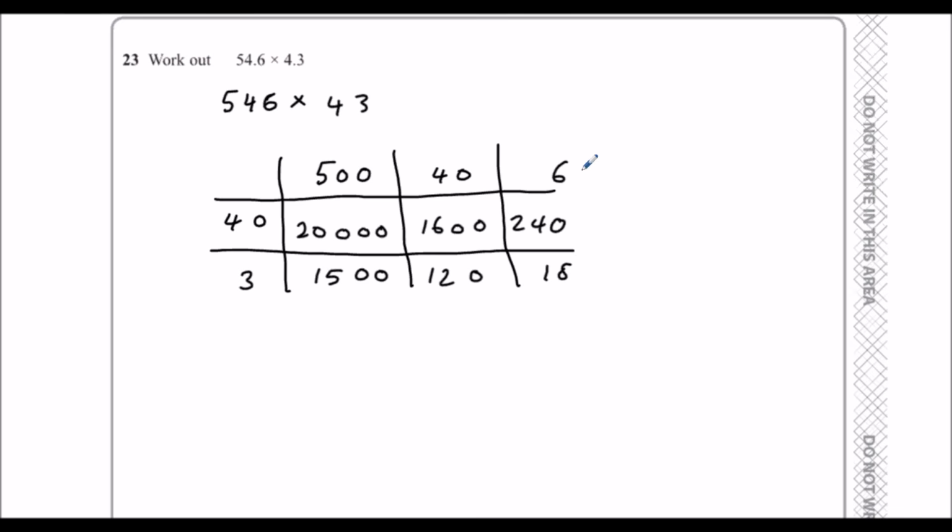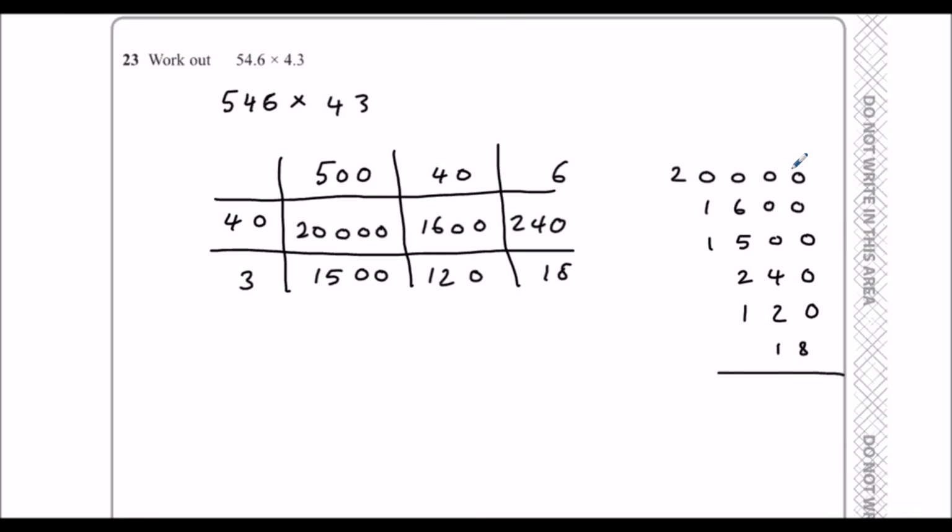So we need to add all these up. So I'm going to write them in order. So I've got 20,000, 1,600, 1,500, 240, 120, and 18.